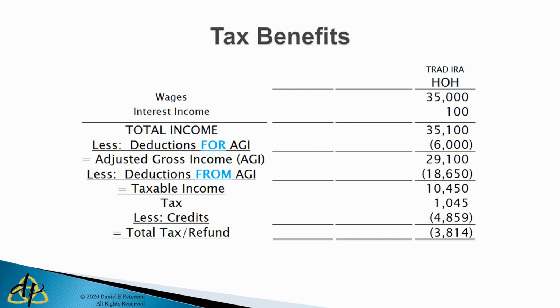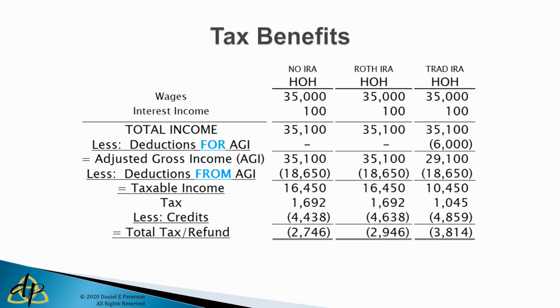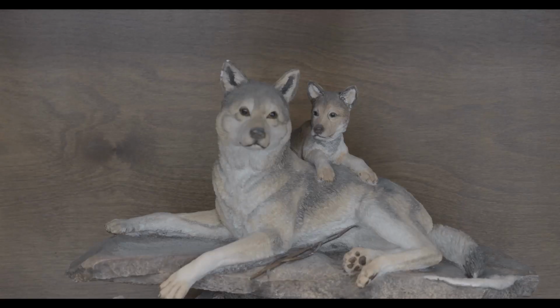When that happens, there is more earned income credit available to that taxpayer, resulting in a $3,814 refund. So this taxpayer has the ability between January 1st and April 15th to make these decisions and actually put money into a traditional IRA and increase their refund from $2,746 to $3,814.